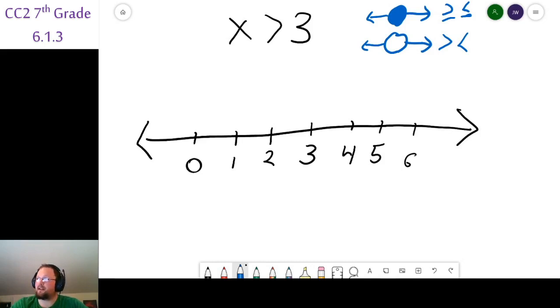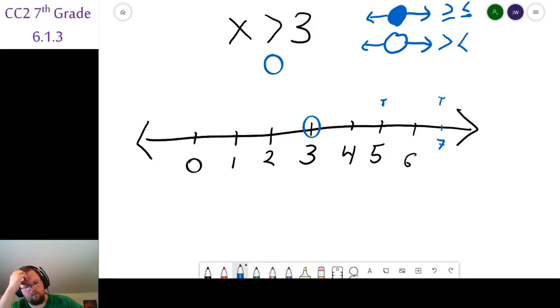And no, I did not intend to draw angry eyes, but I now have angry eyes. So at x is greater than 3, this greater than symbol tells me that I need to have an open circle on here. I need to make sure that at 3 it is an open circle that I work with. And for x is greater than 3, well, we did this earlier where you said 5 made it true and 7 made it true.